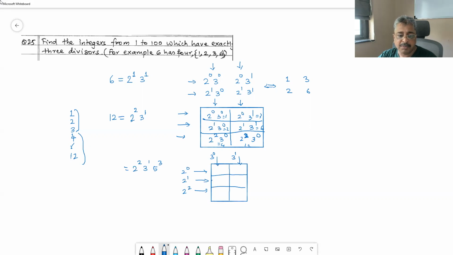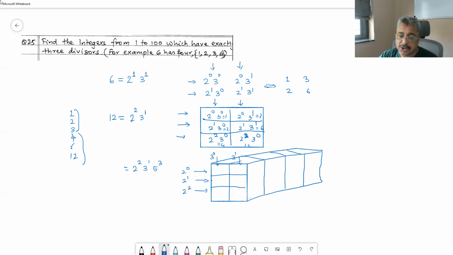But that is not sufficient because of 5 raised to 3, and there will be 4 cases: 5 raised to 0, 5 raised to 1, 5 raised to 2 and 5 raised to 3. These are the 4 different ones. So we create a box like this. Because there are 3 prime factors, there will be 4 parts of this box. Understand what this is.